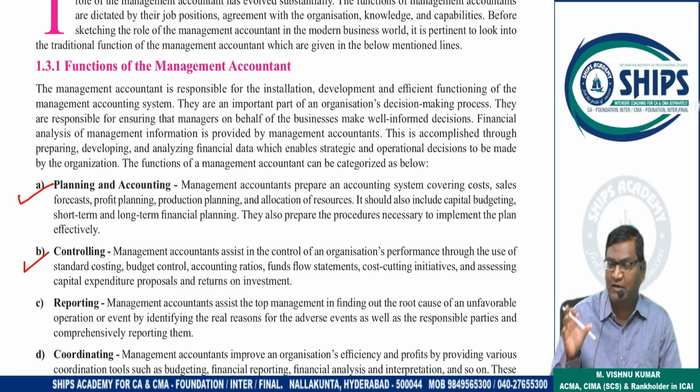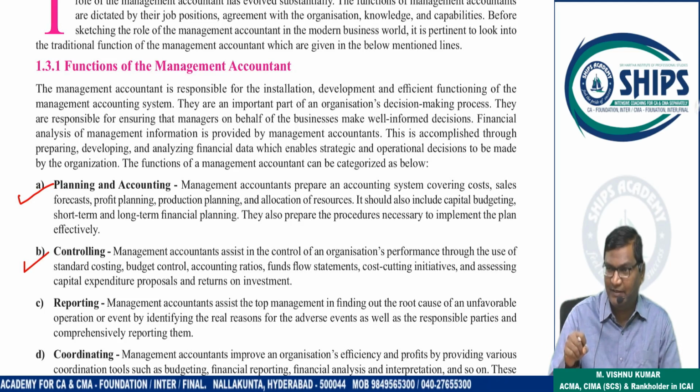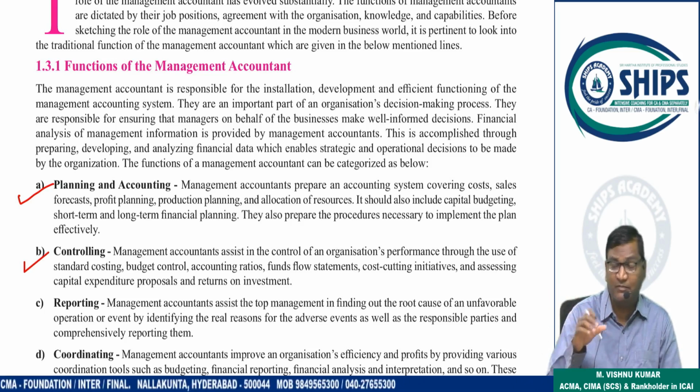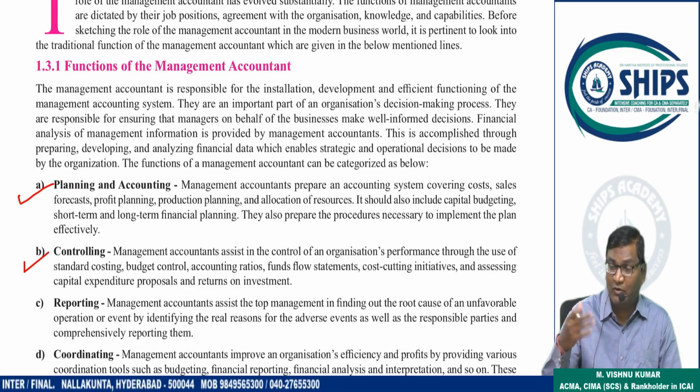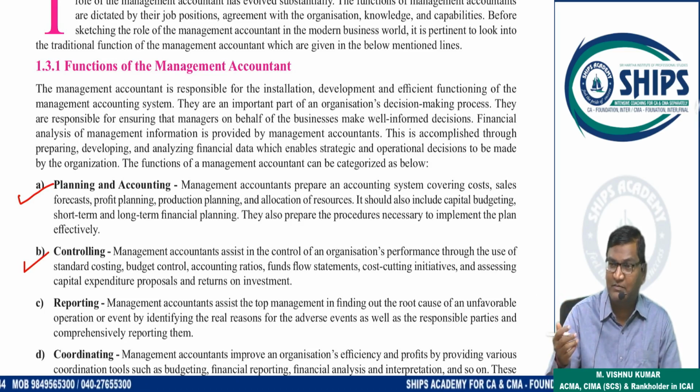Control means activities should be in control, like spending activity, with proper monitoring. All this is part of controlling. Because whenever an amount is spent, if you do not control, unnecessary excess amount can be incurred. If you have resources and are not properly utilizing them, that is non-utilization of resources.